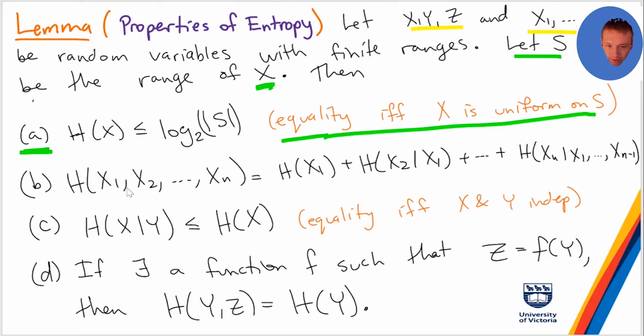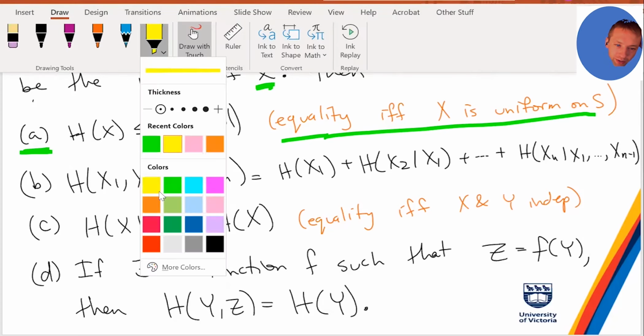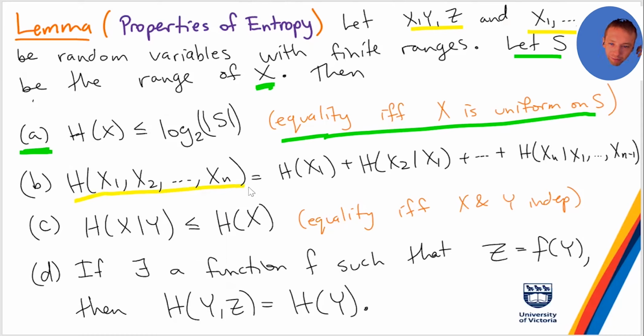Possibly the most complicated one of these is the second property, but it's also intuitive. I really recommend remembering the intuition, which will give you the result. If you think of an n-tuple, that's just a random variable. So if I have n random variables, and I take the n-tuple X1 up to Xn, that's a random variable.